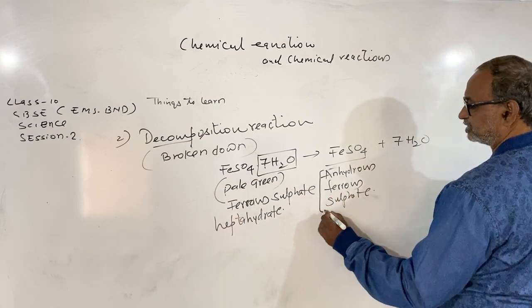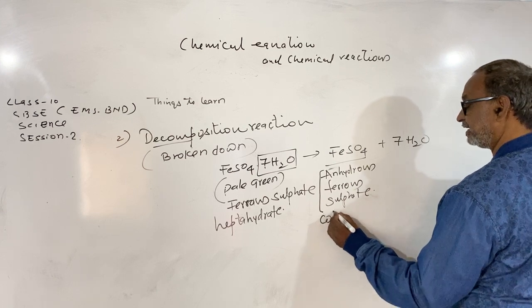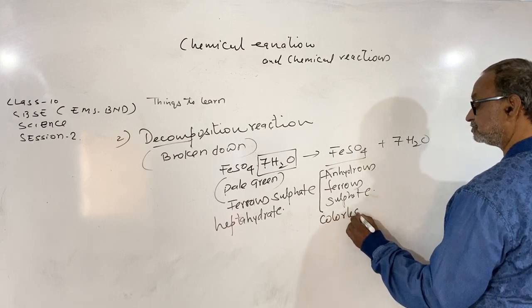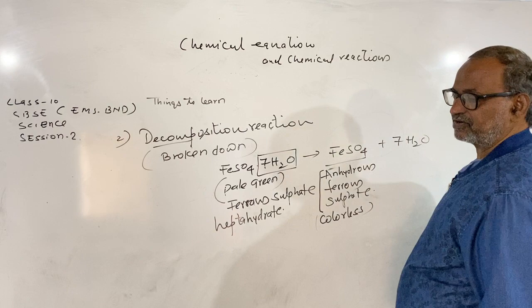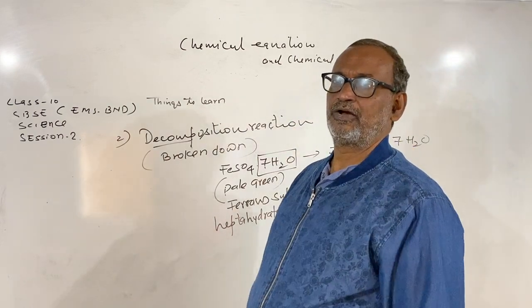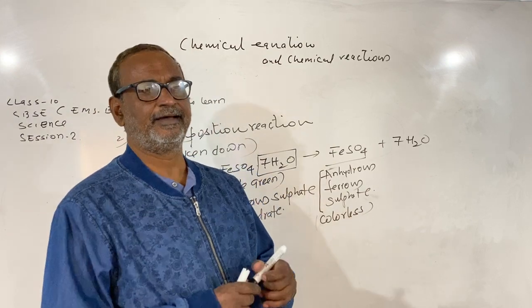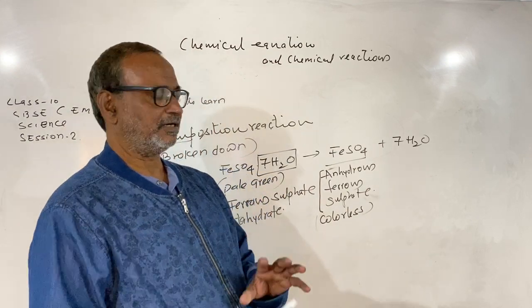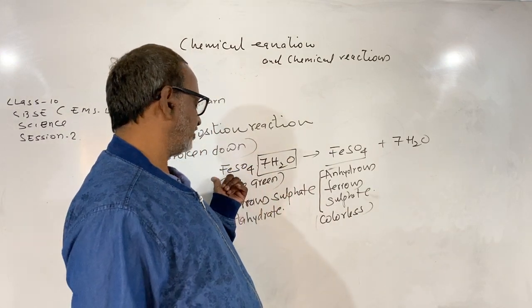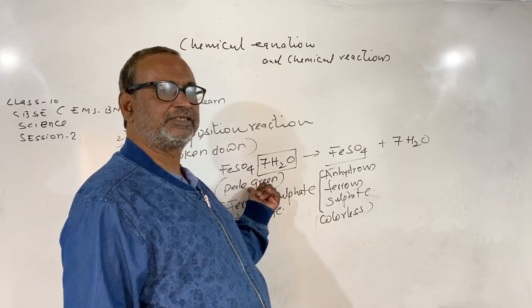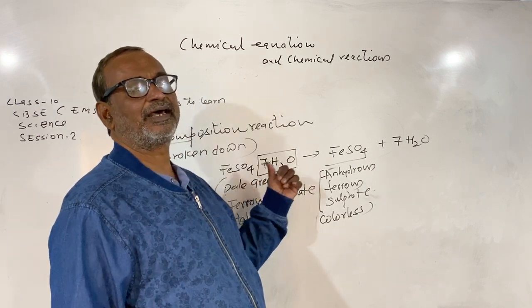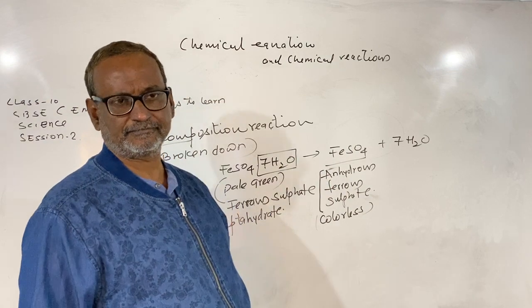This anhydrous ferrous sulfate is colorless. So the first observation that you will see when ferrous sulfate crystals are heated is that the crystals become colorless on heating.